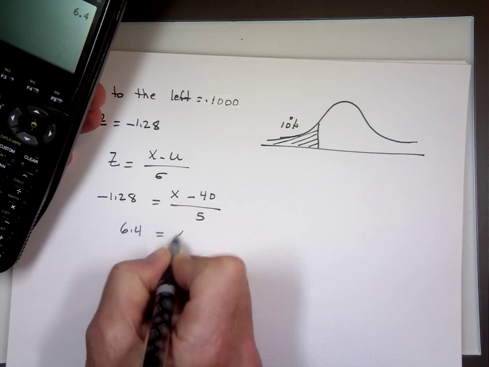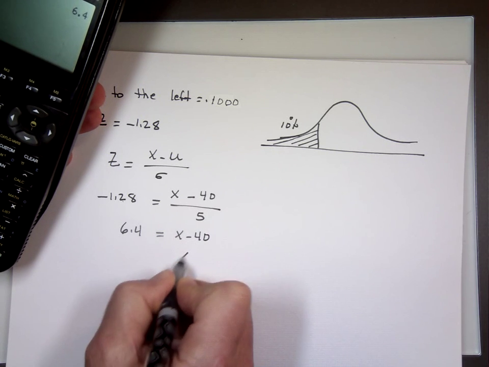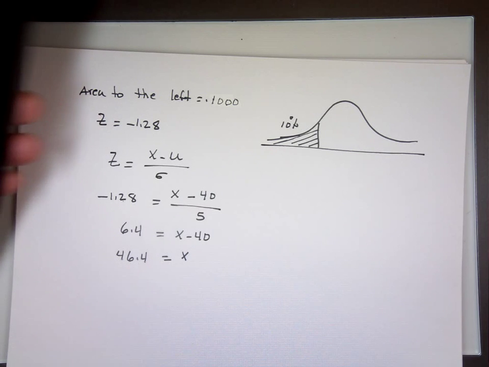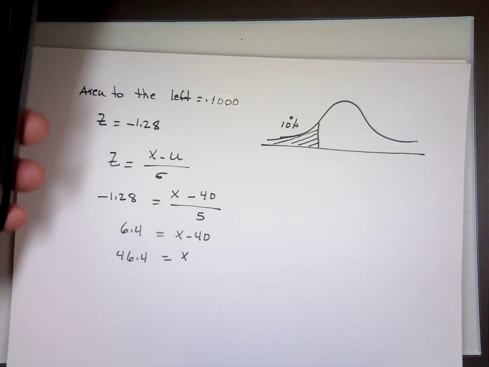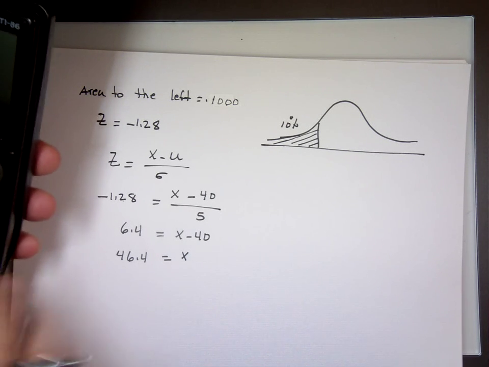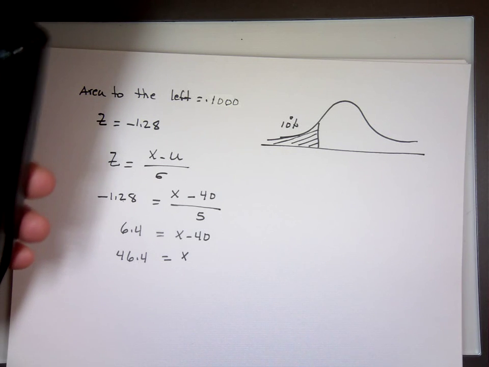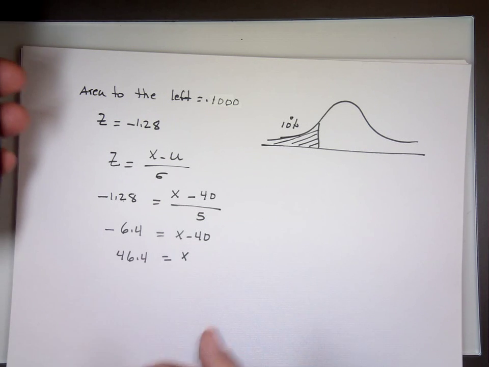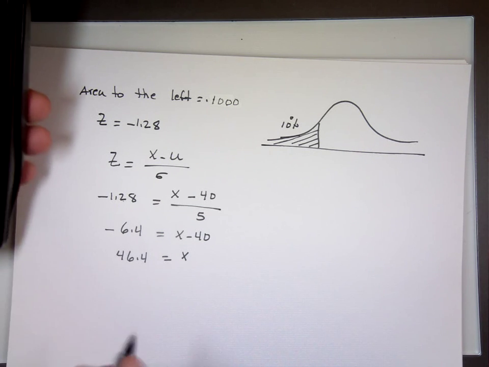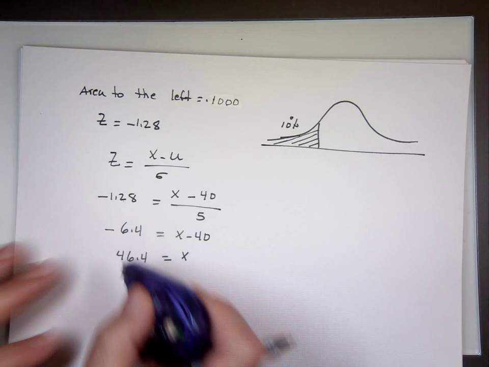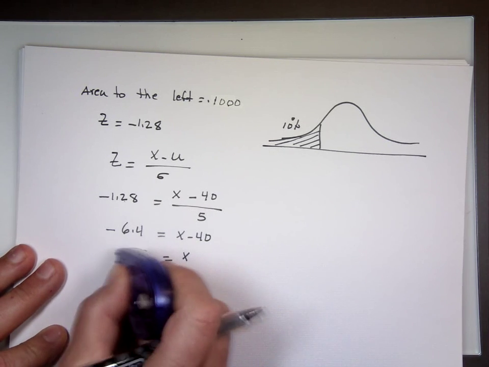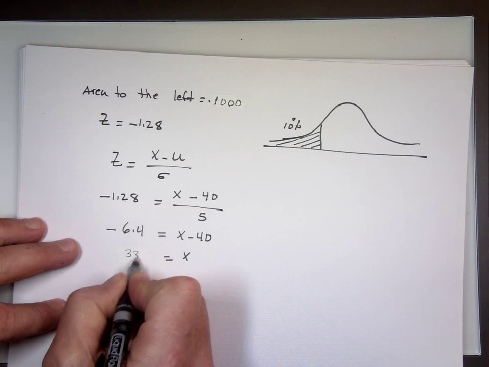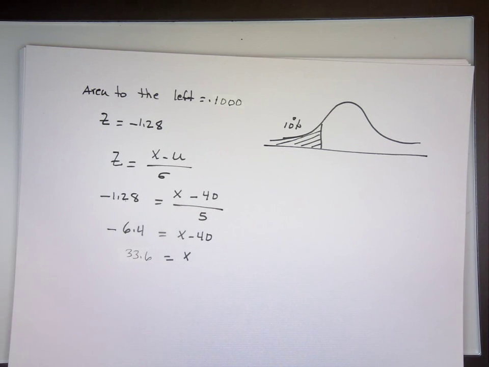X equals what? It should be negative 6.4. Oh yeah, that's a negative, so that would be a little bit less, 33.6. You're almost getting 3 years, right? So you can go with the warranty of 3 years, you're only still getting 10% of the computers coming back.